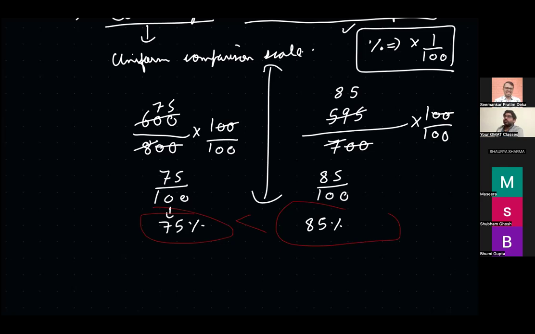Now, this concept is applied everywhere. No matter what country you go to, percentage is a uniform thing which is used everywhere. Like, for example, I have to compare the performance of two companies, let's say M&M, Mahindra & Mahindra, and Zomato, and I have to make an investment decision whether I should invest in these companies or not.